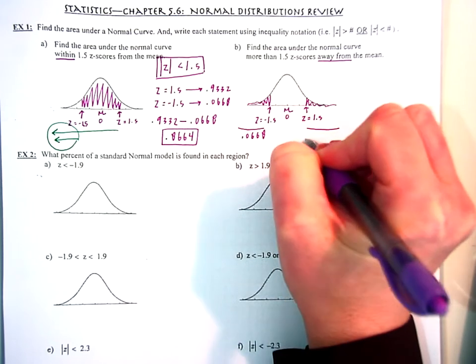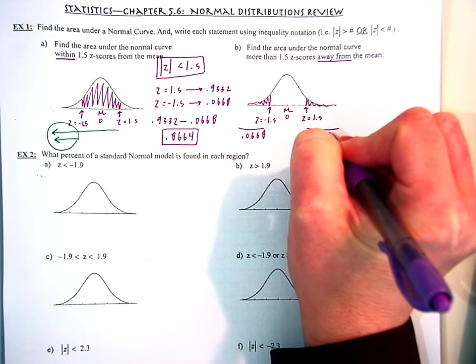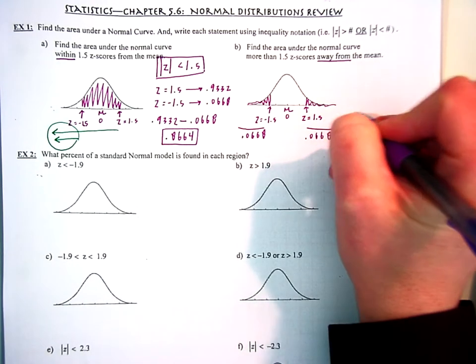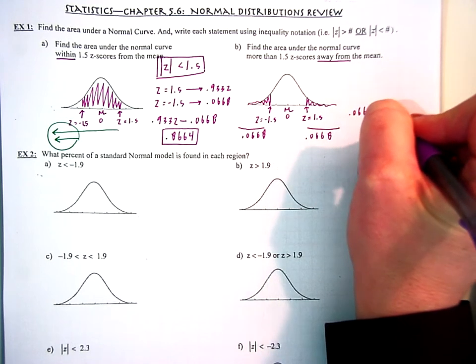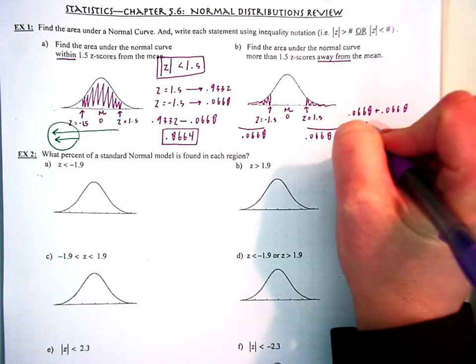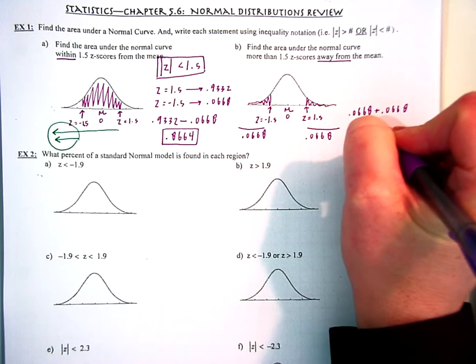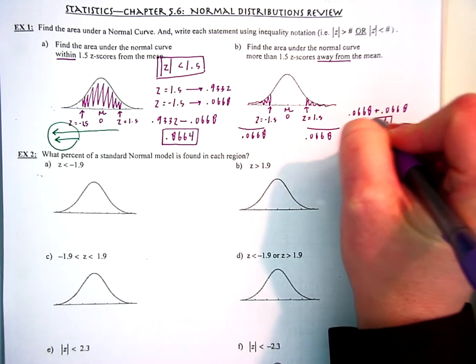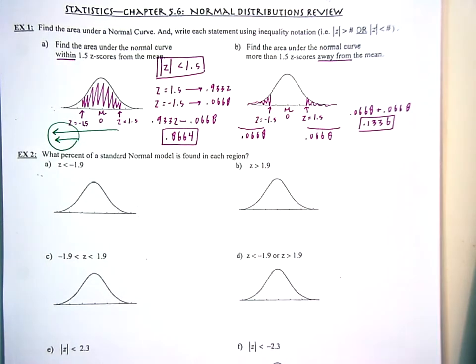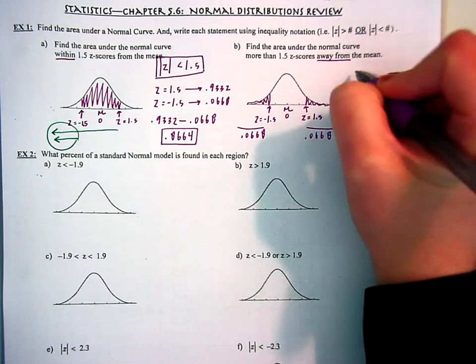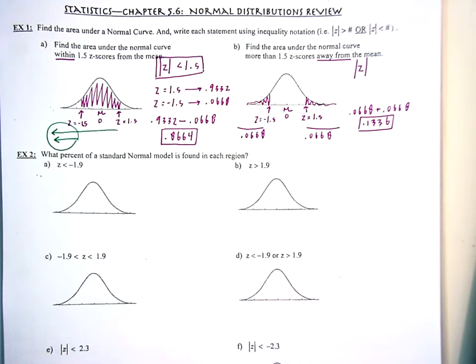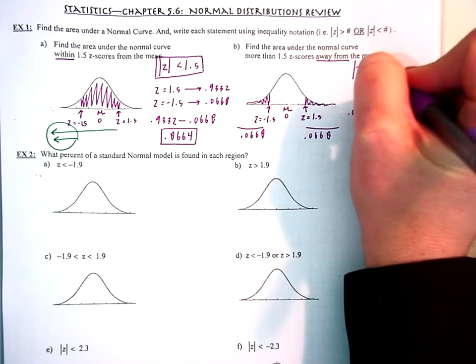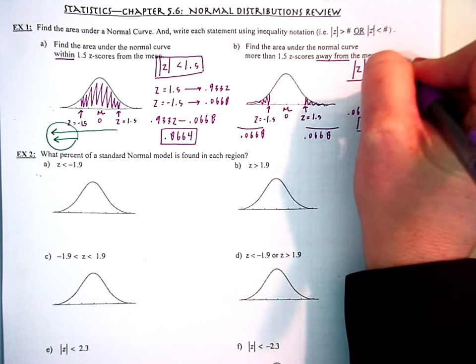This will be 2. So all I have to do is add them together, 0.0668 plus 0.0668, I get 0.1336 for the area. And if I write that in my fancy inequality notation, absolute value of z, or its magnitude, right, it has to be greater than 1.5 z-scores from the mean. So I would write it just like this.